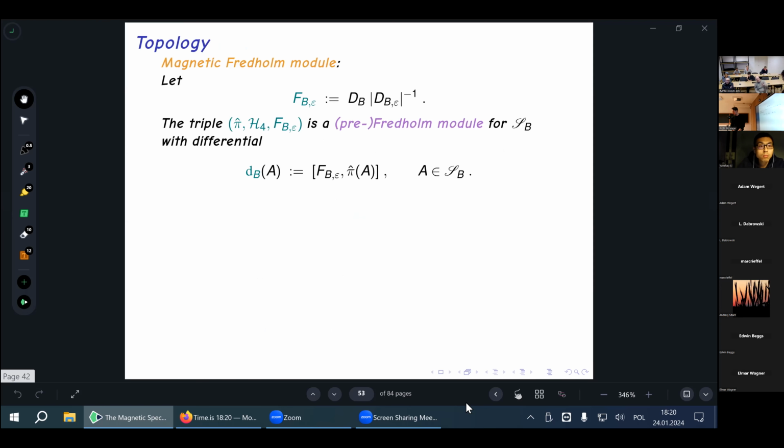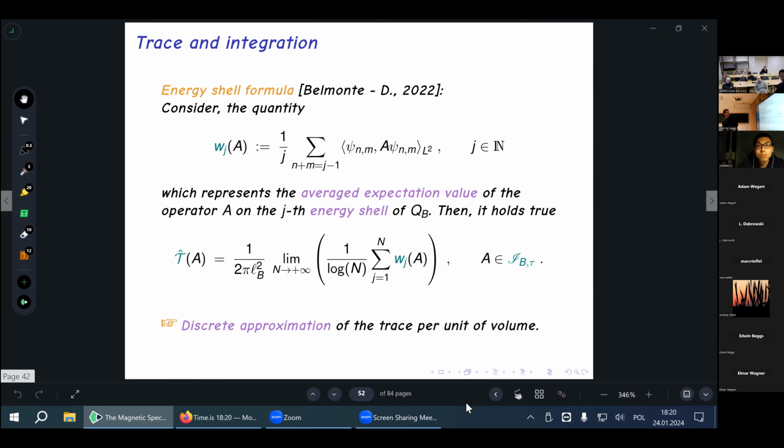Sorry, so by integration, you mean depending on capital L2? This is the scalar product in L2. So the only meaning of integration is now the norm of L2 here, with respect to this very specific function.